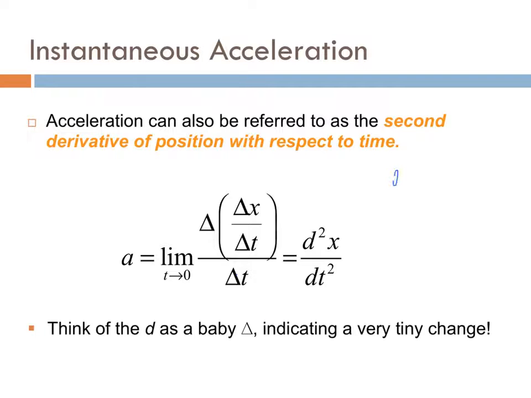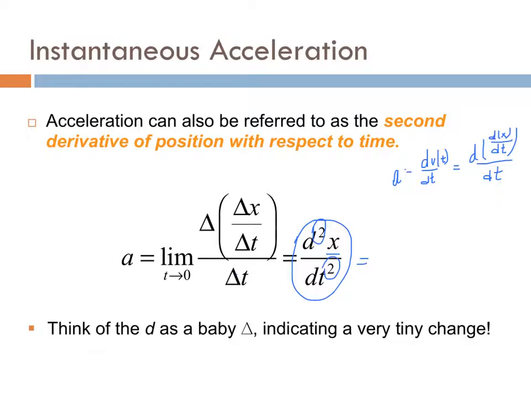If acceleration is the derivative of velocity with respect to time, and we know that the derivative of position with respect to time is velocity, then the second derivative of position is acceleration.